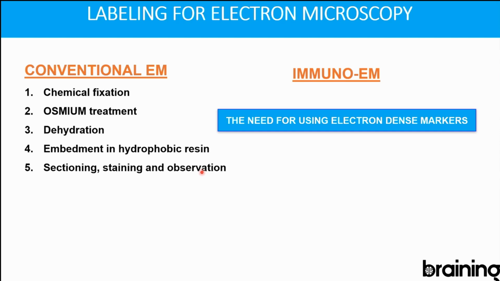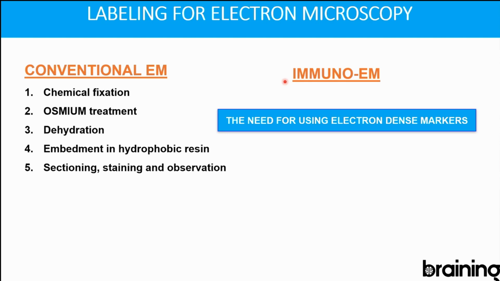But if you really want to label proteins in your sample, in your cell, to find where these proteins are in the cell, if they're in the ER or in the nucleus or in whatever part of the cell, you're going to have to do what is called immuno-EM. So you're going to be able to label those proteins to localize them in the cell.